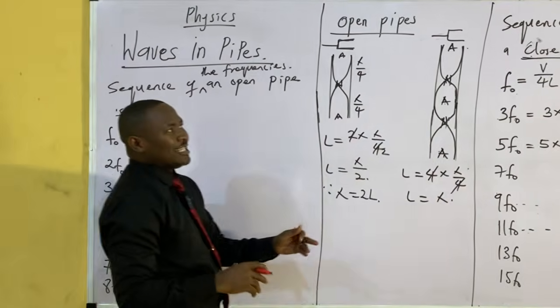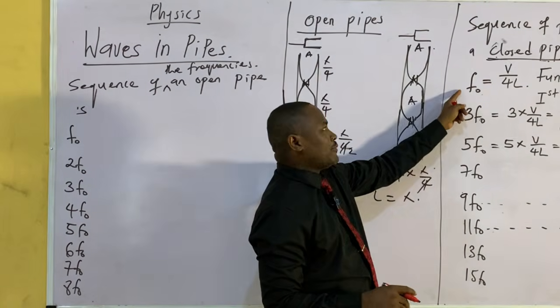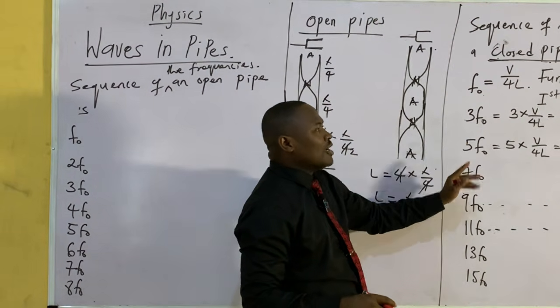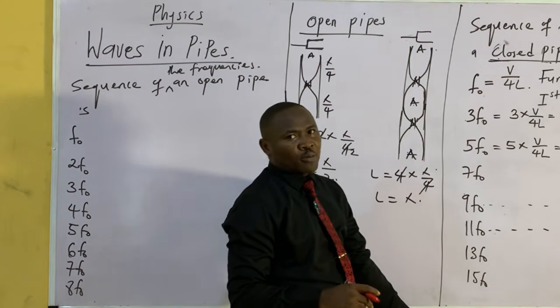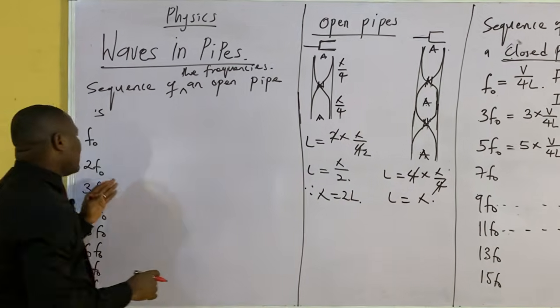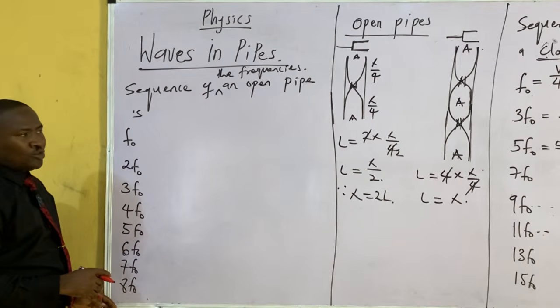But remember, in the closed pipe, it was F naught, 3F naught, 5F naught. So here is just odd numbers, but in the open pipe, it's both odd and even numbers.